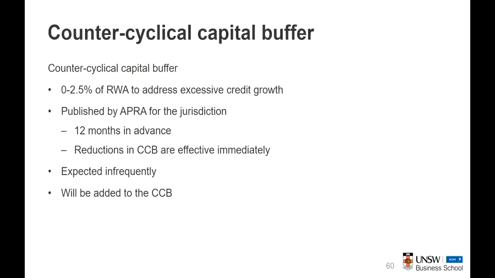The counter-cyclical buffer works this way: if credit growth is going very fast, the regulator says, guys, more capital is required. And therefore, as the economy is growing, the capital requirements are going up. The regulator will give banks 12 months' heads up, but you don't expect this buffer to be used very often, only when credit growth is very fast.